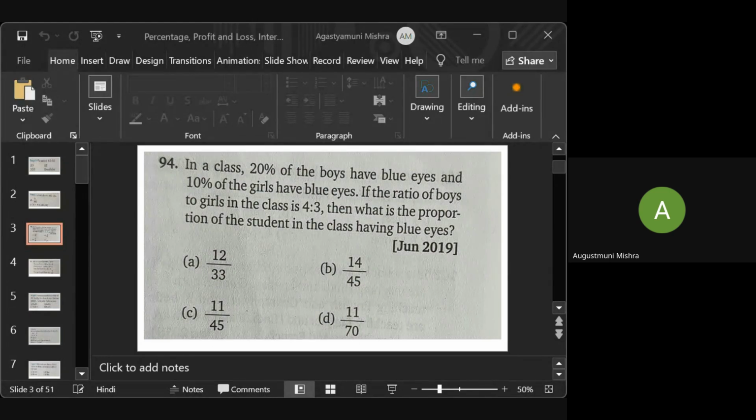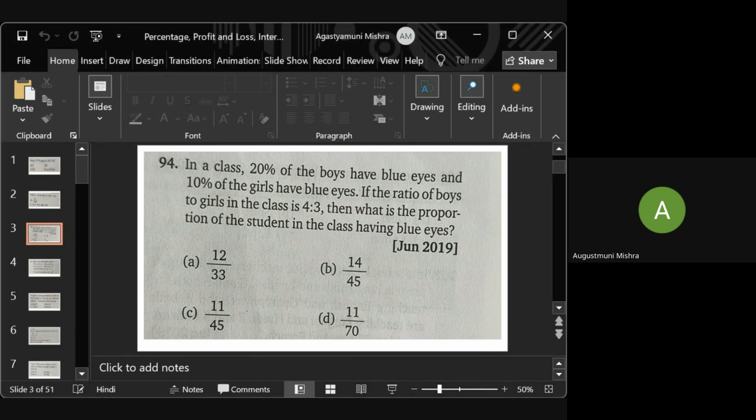Can I change the slide, or do you need more time to solve it? If you say, then I will change the slide because I know many of you are solving it. Two responses we have. That is D.